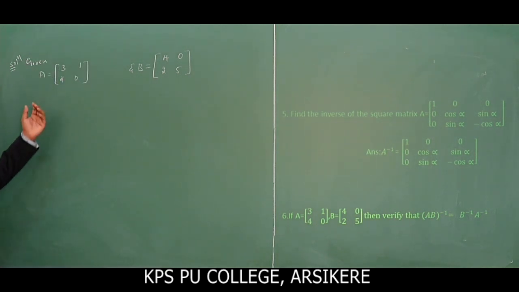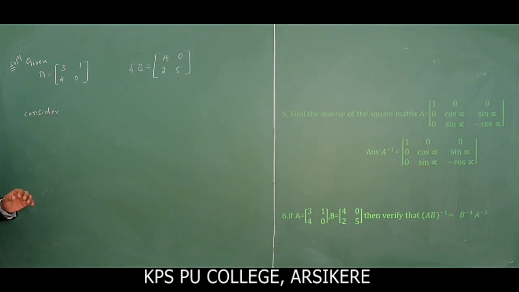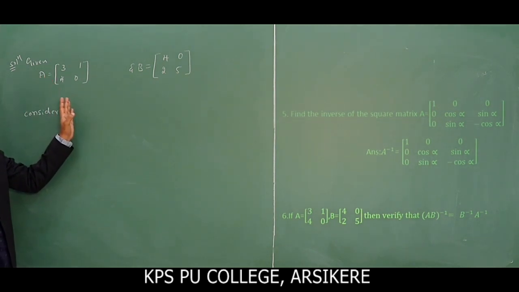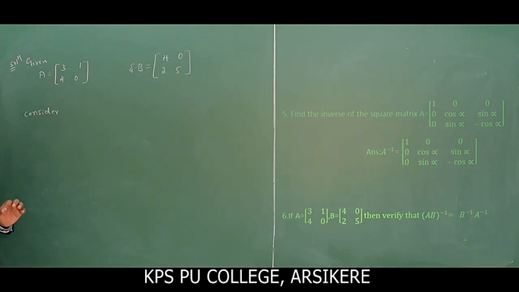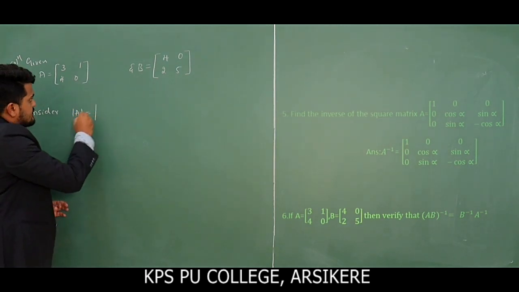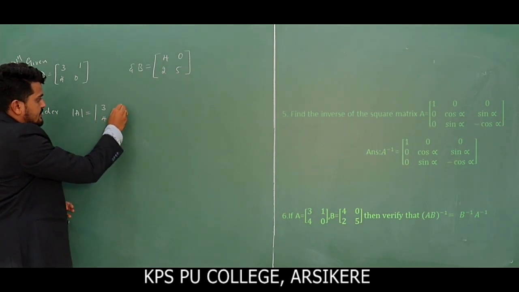First I will take matrix A. So first we have to find A inverse. Before that we have to find the determinant of A and adjoint of A. So the determinant of A is equal to the determinant of 3 1 4 0.